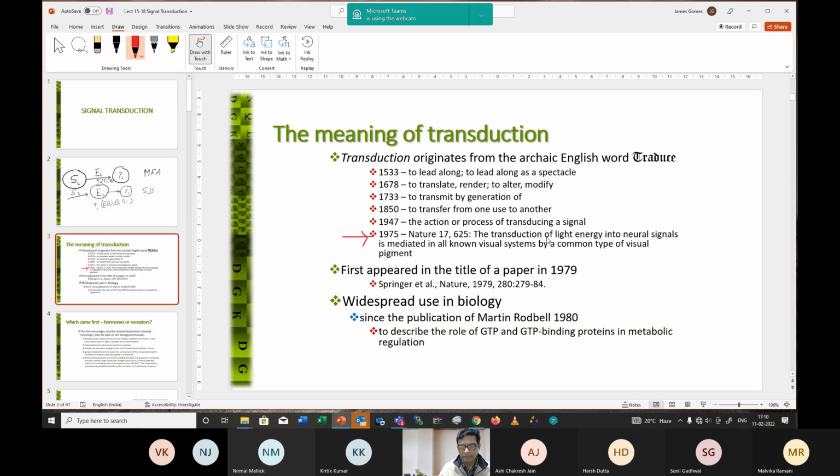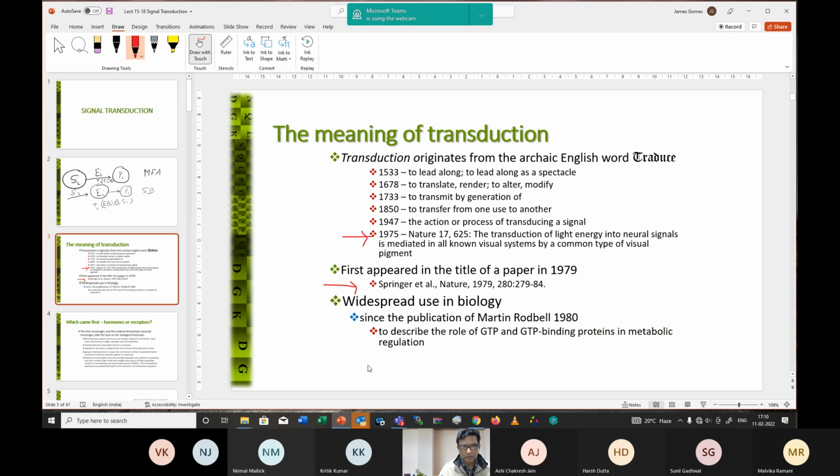This was about the transition of light into neural signals mediated by the visual system, with some common types of visual pigments and other things. And the first time a title appeared with the words signal transduction in it was about 3-4 years after that, also in Nature. And then there was widespread use of this term in biology.